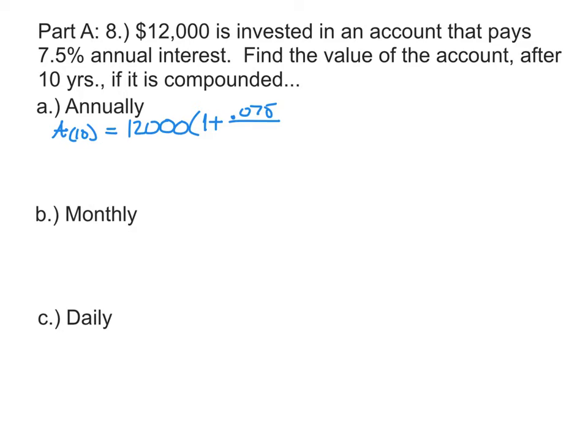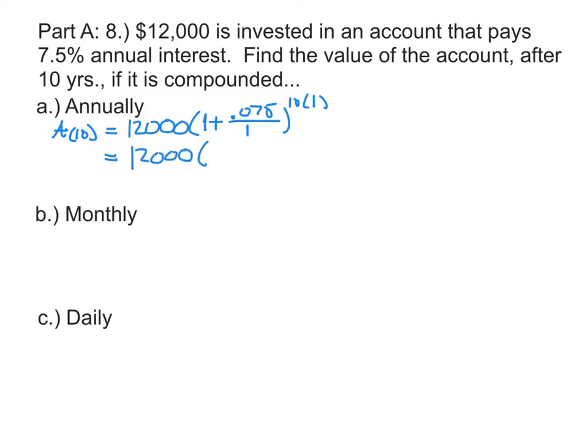Well, if it's compounded annually, it's just compounded once a year at the end. The power is going to be the amount of time, the 10 years, times the number of compoundings in a year. So again, 1.